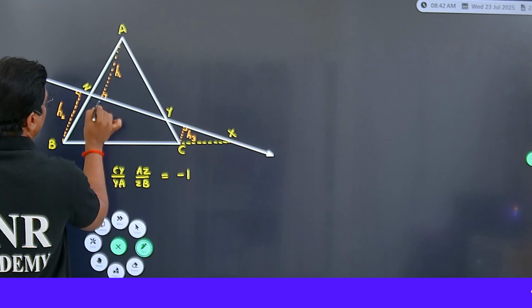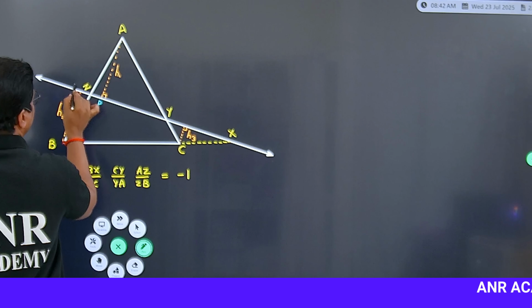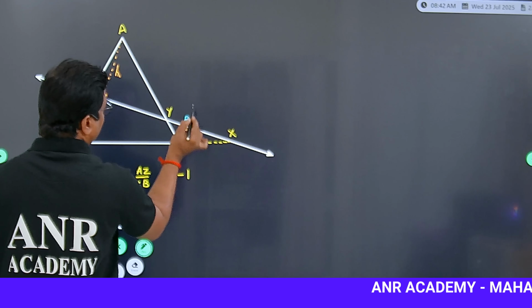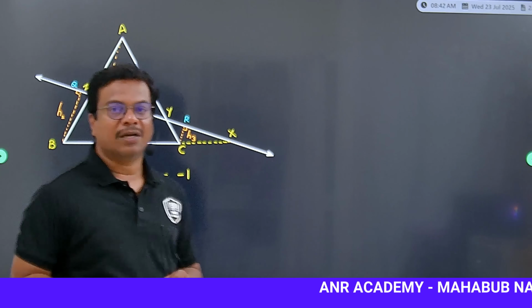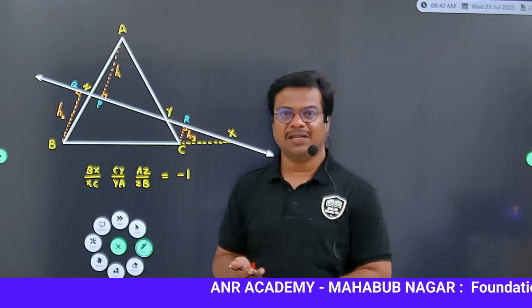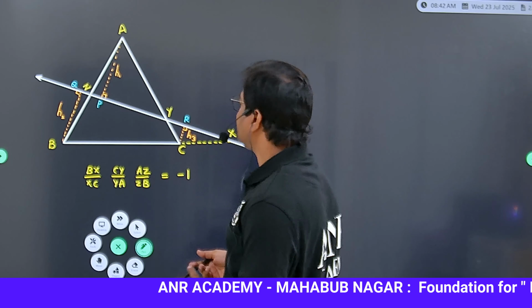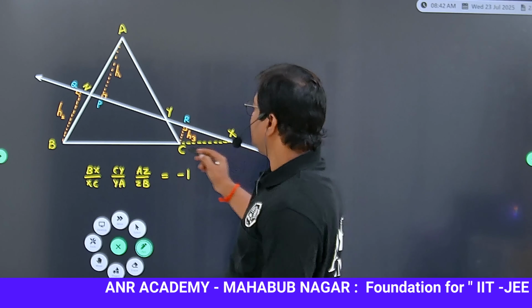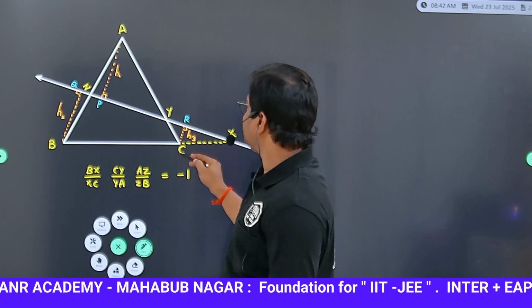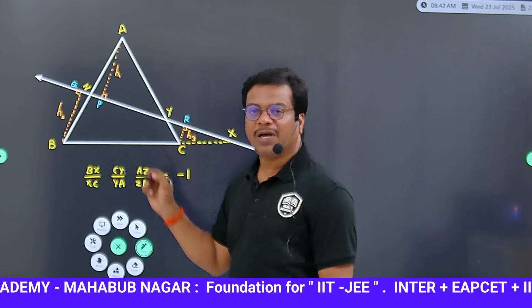Assume this is P and this is Q and this is R. After dropping perpendiculars from three vertices to the transversal, now let us observe here the two triangles BQX, CRX, these two are similar.